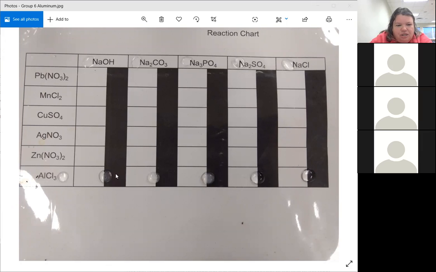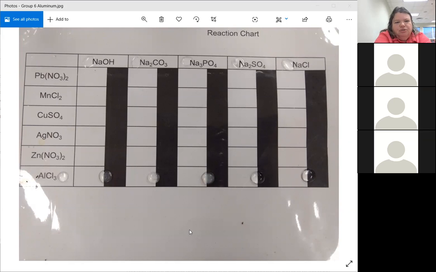So these 3 form precipitates. In doing my presentation of possible compounds, I can't use aluminum sulfate and I can't use aluminum chloride because they did not form precipitates. I can only use ones in which something was produced when I mixed the 2 chemicals together. So the ones that form a precipitate.